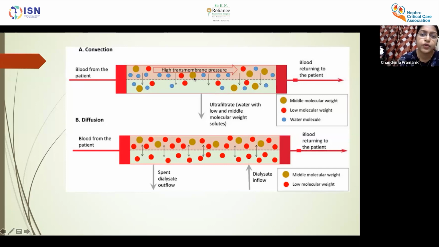On the other hand, in convection, there is a semi-permeable membrane and a high transmembrane pressure. This is driven by the pressure gradient, and the small molecular size as well as the middle molecular size particles move from the blood to the dialysate because of convection.